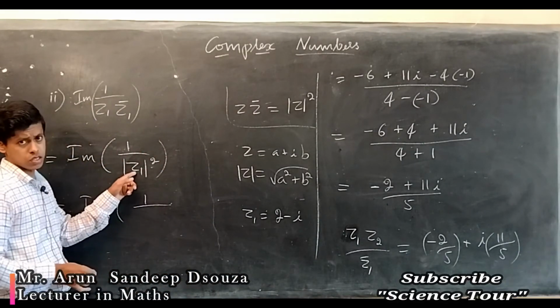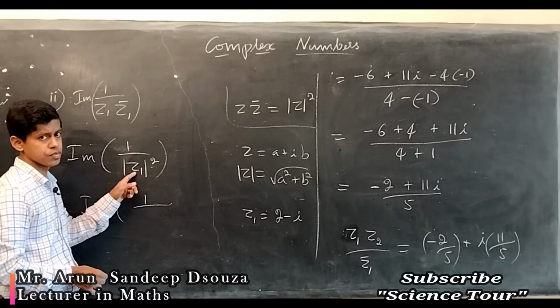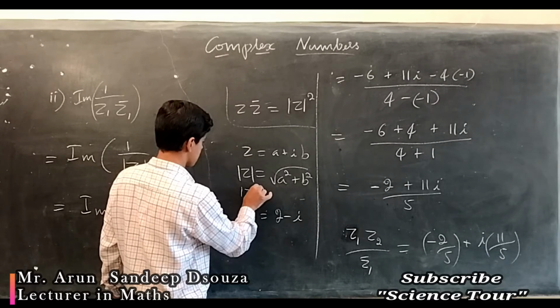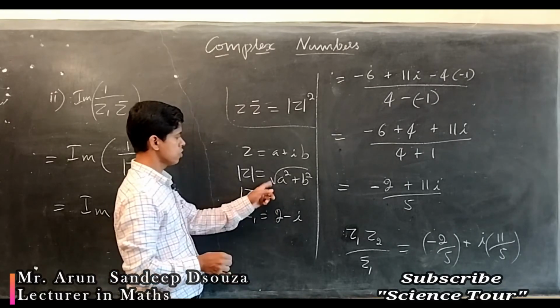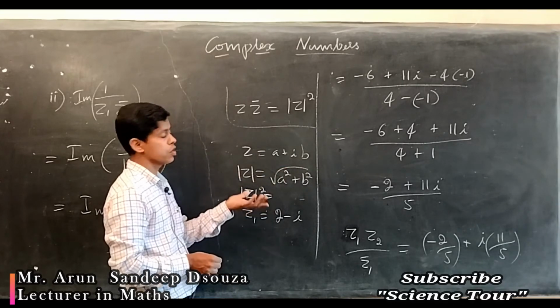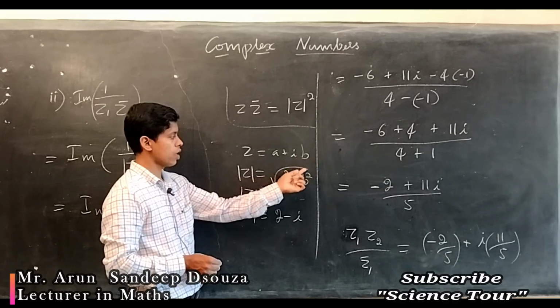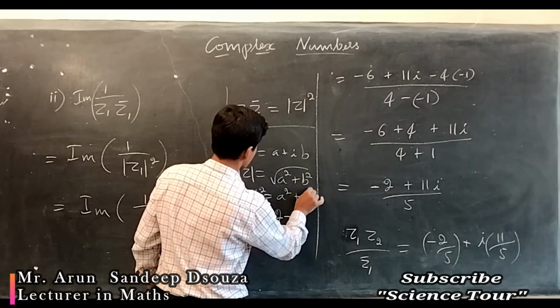So what is the modulus of z1? Okay, wait. So what is modulus of z square? Modulus of z square. So the square root will be gone because you are squaring both sides. We need the square of this, so I should square here. Square and square root cancel. So this is a square plus b square, is it not?